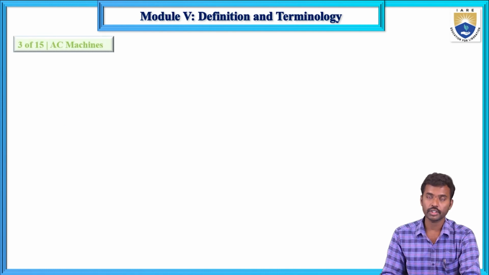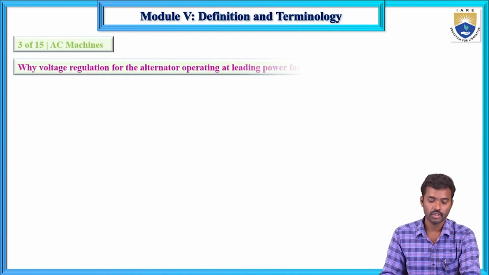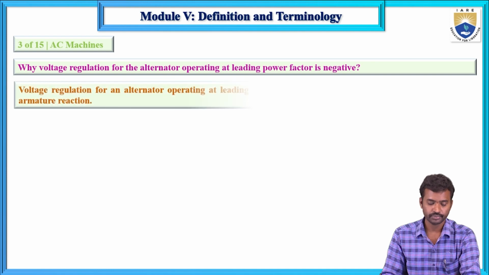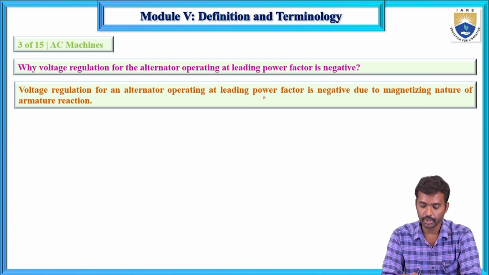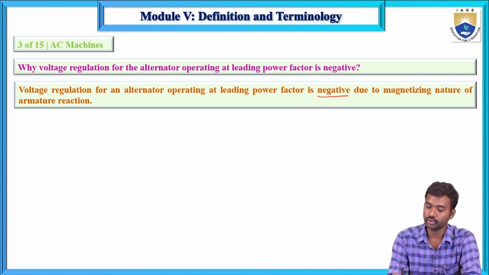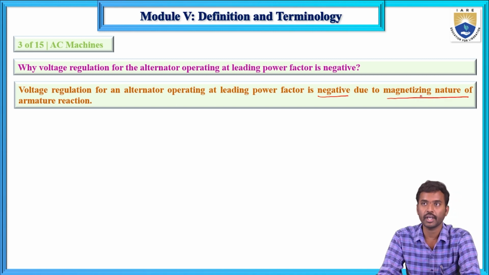Now the third question in the AC machines: why is the voltage regulation of an alternator operating at leading power factor negative? See here, the voltage regulation of an alternator operating at leading power factor is negative due to the magnetizing nature of the armature reaction.